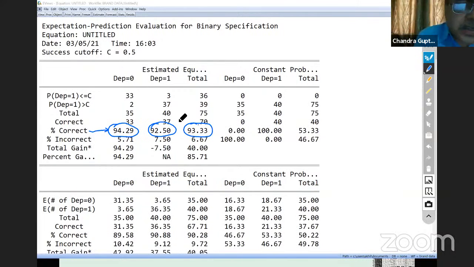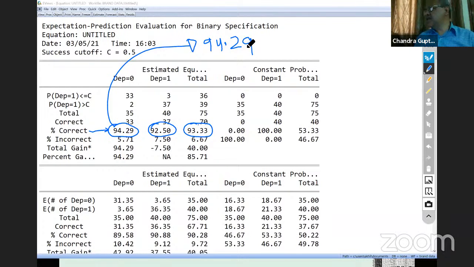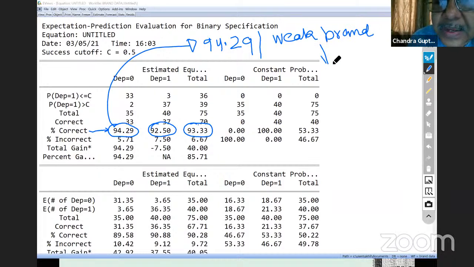Okay, how do we interpret this value, 94.29%? Any one of you? That means in cases of weak brand, our model is able to predict correctly in 94.29% of cases.